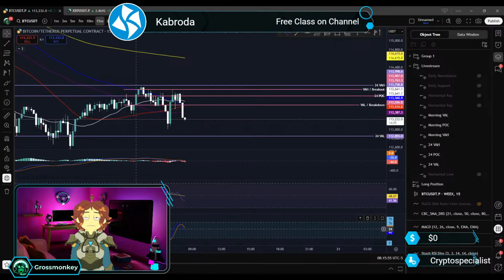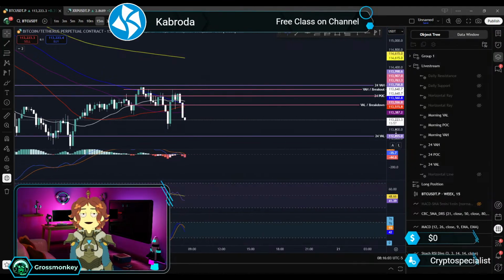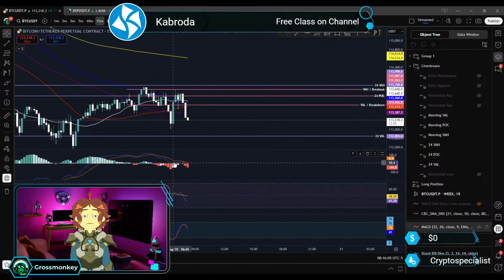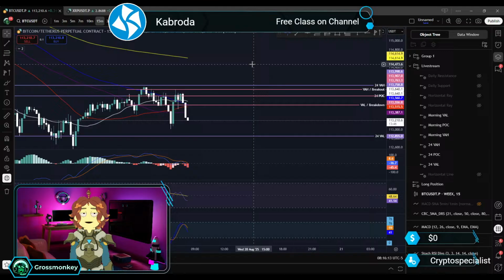So you can see fail, fail, fail. It looks like we're going to continue down just based off stochs. And then you got the MACD curling downwards again after a fake bull run right there. Compression under resistance is likely pressure testing lower.